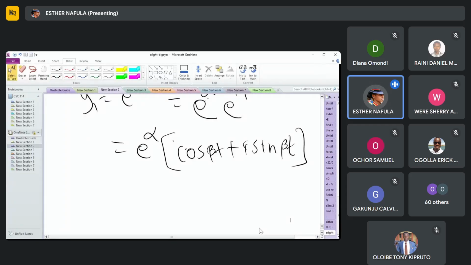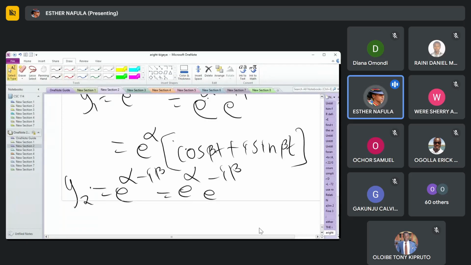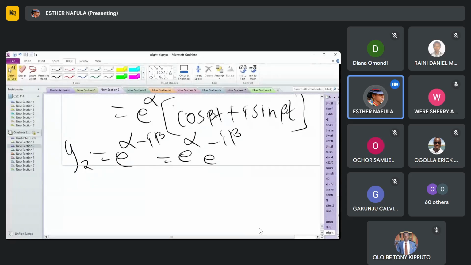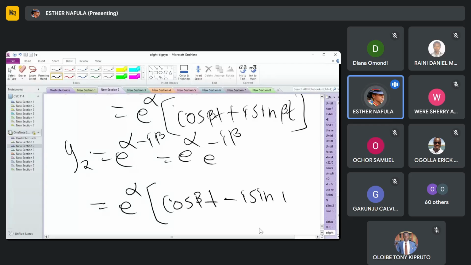Let's also rewrite y2 using laws of exponents. E to the alpha minus i beta is e to the alpha times e to the minus i beta. But again, if you have e to the minus i theta, it's the same thing as cos theta minus i sine theta. So we have e to the alpha outside, then in brackets cosine of beta t minus i sine of beta t.